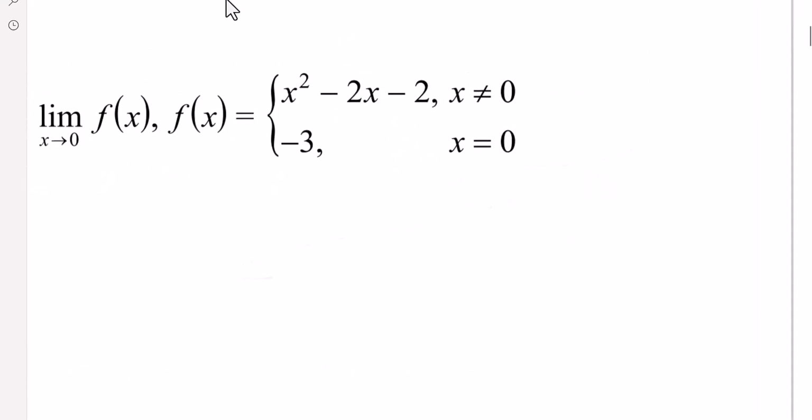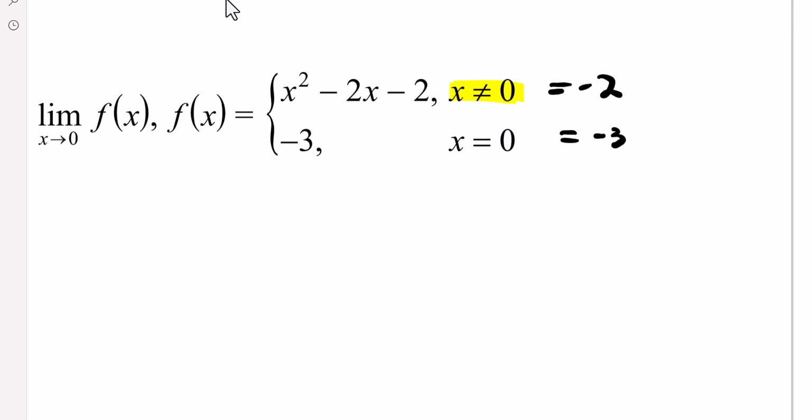Yeah. So on this one over here, again, we're going to look as it's approaching, and we're going to substitute 0 into it, so right away we know that height is going to be -2. This height is -3, but this is the approaching height. In this case, it would be probably doing this. And that's the exact height.